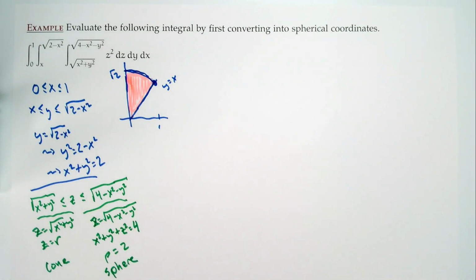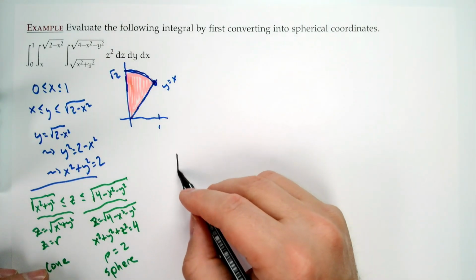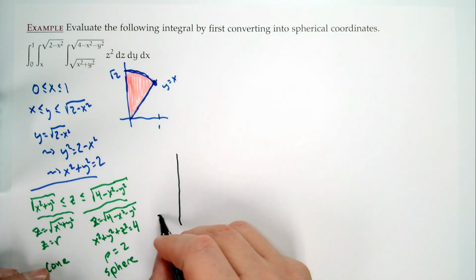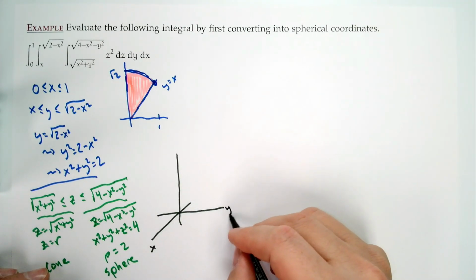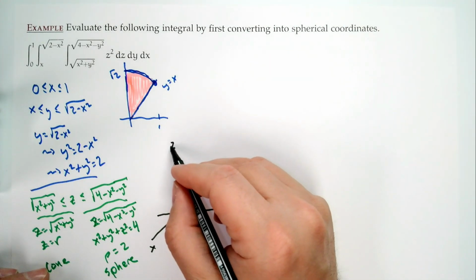All right, let's sketch what's going on here in 3 dimensions. So here we go. X, y, and z.